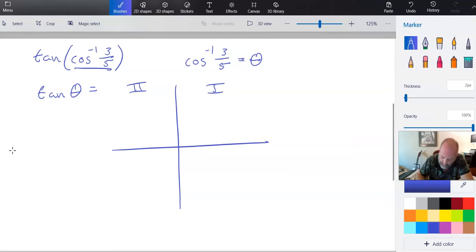These are both positive numbers. So I can go ahead and think, okay, cosine is the adjacent over the hypotenuse. So that means that this side is 3 and the hypotenuse is 5. This angle here is theta.